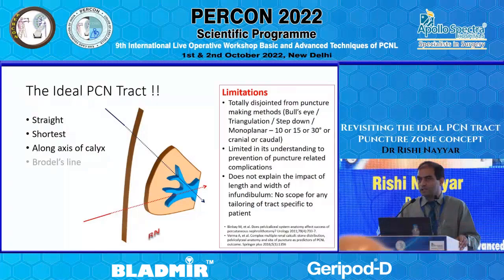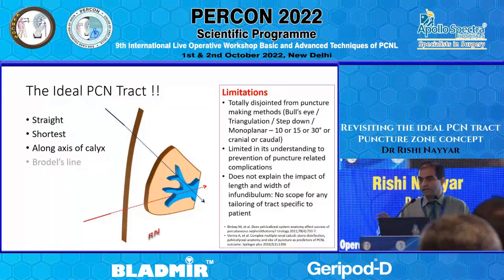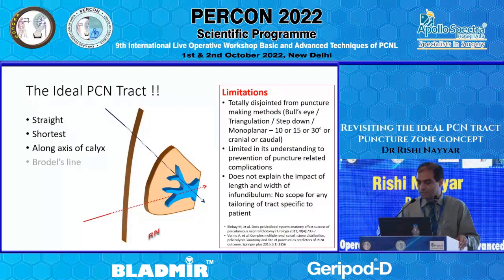It doesn't correlate with whether the puncture tract would be able to provide a good stone free rate and good clearance. So there is no way that we correlate an ideal puncture to the success of the PCNL procedure.